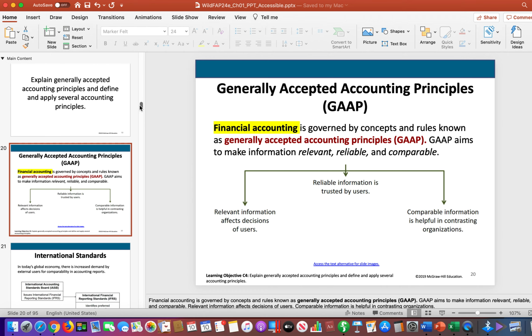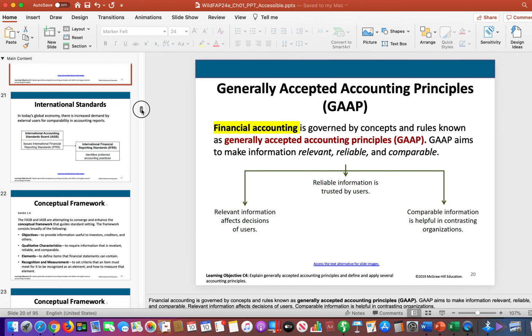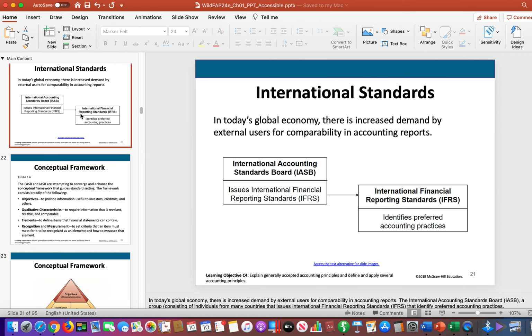Now, GAAP is typically followed by American companies. There's one other country in the world that follows GAAP also. But most other countries outside the United States adhere to not the FASB, but another set of standards. And they're called IFRS, as you can see here.